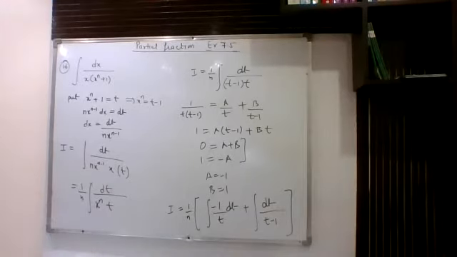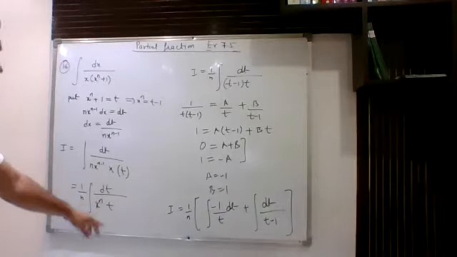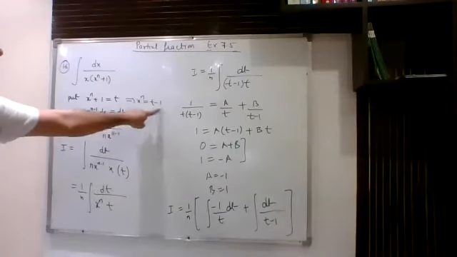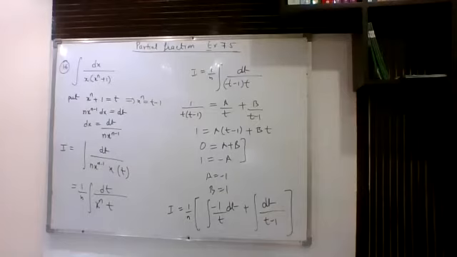So when you have converted it into t form, this is what we'll get, x to power n into t. So x to power n can be written as t minus 1. So substitute the value t minus 1 and then after that apply partial fraction. So it's a straightforward application of partial fraction.